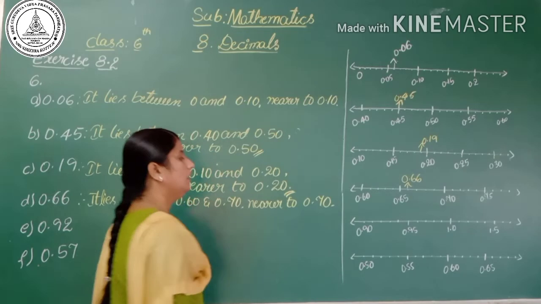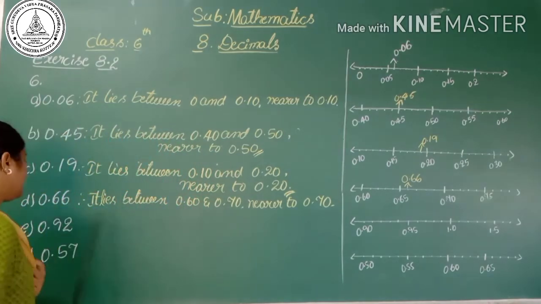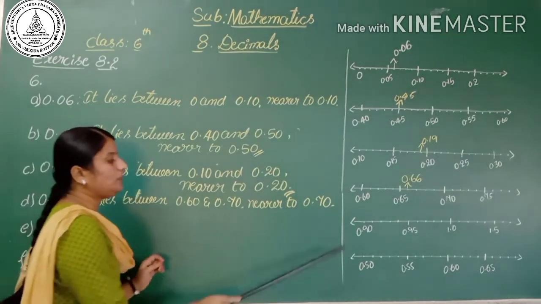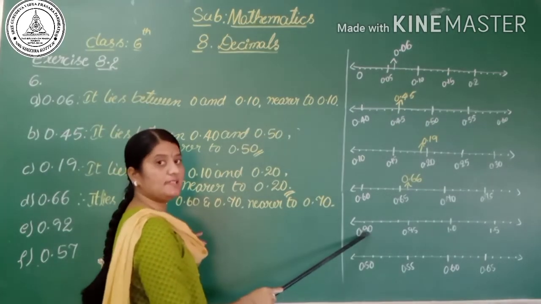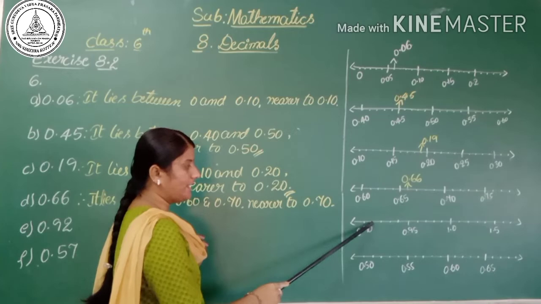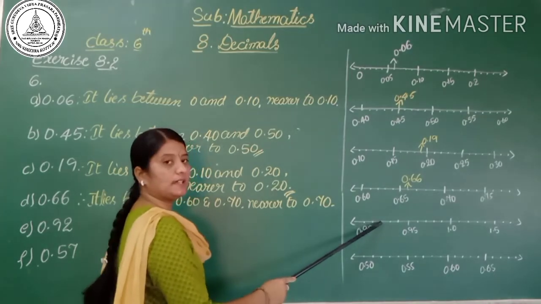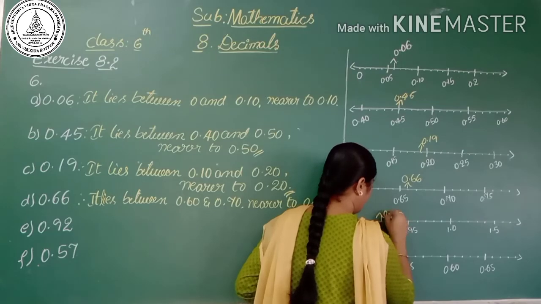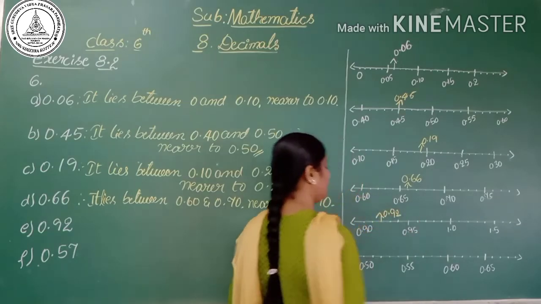Then the fifth question, 0.92. Here there is 0.90, 0.91, 0.92. Yes, here there is 0.92.